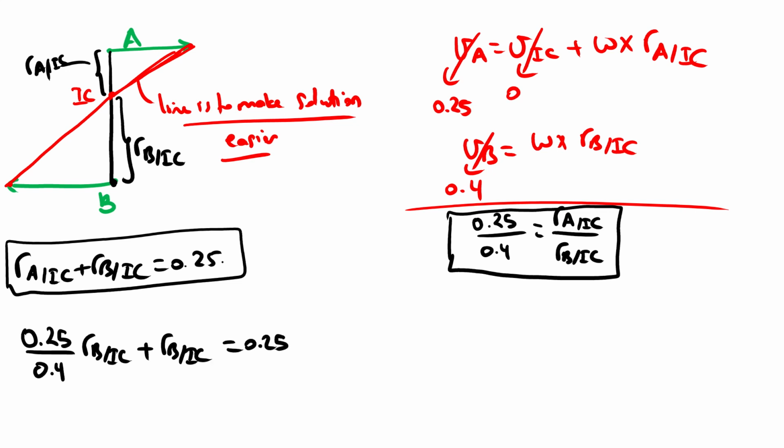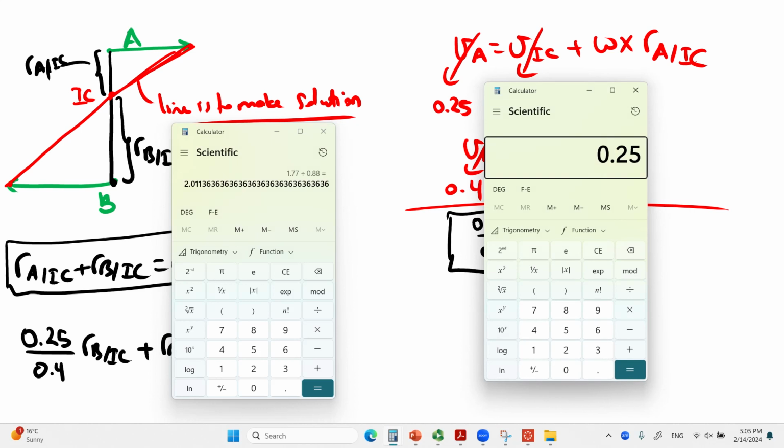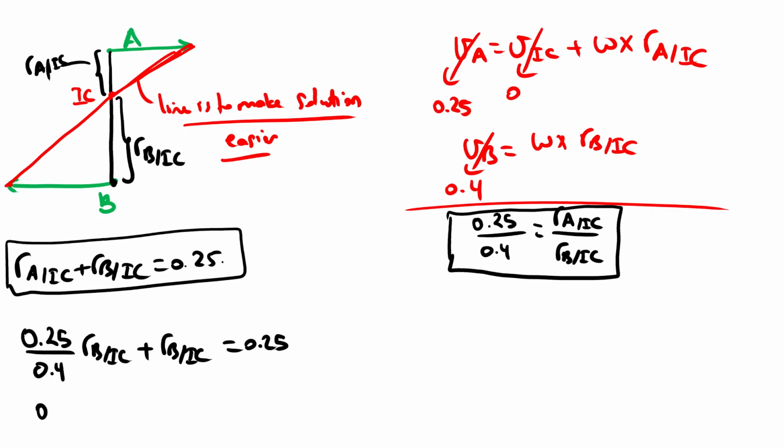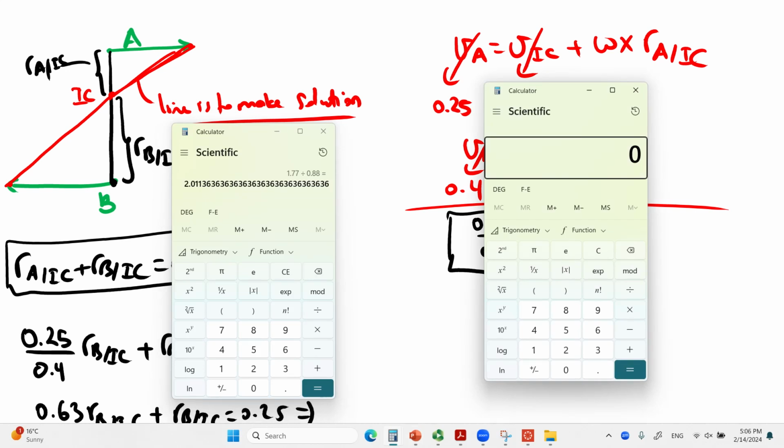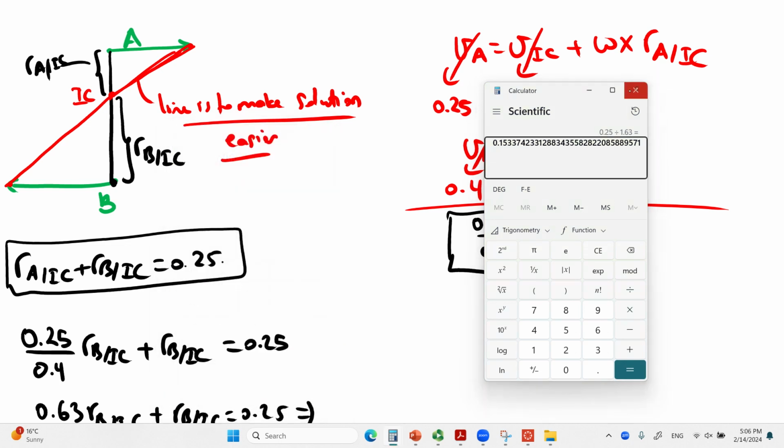The first term makes 0.63 RBIC, plus RBIC is 0.25. From here I can find that 0.25 by 1.63 makes 0.153.